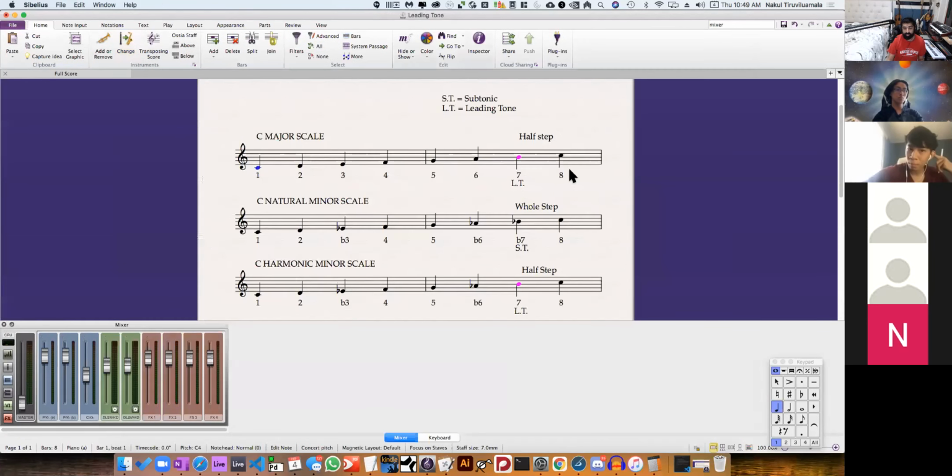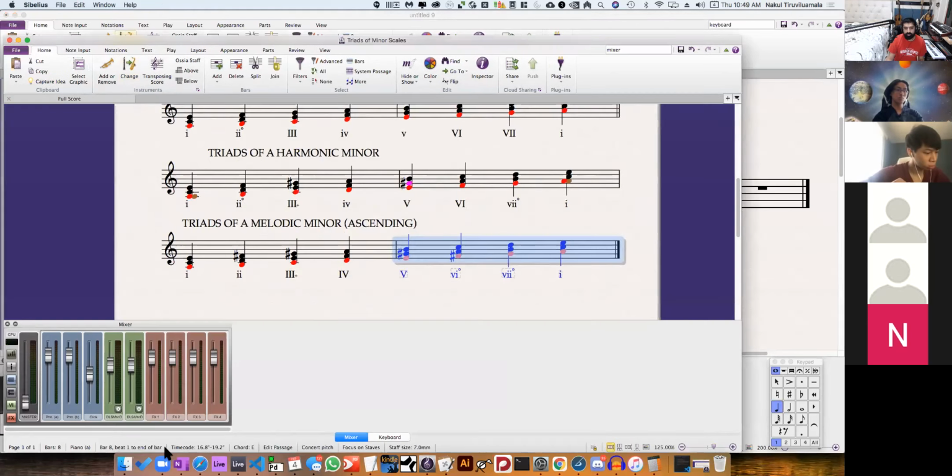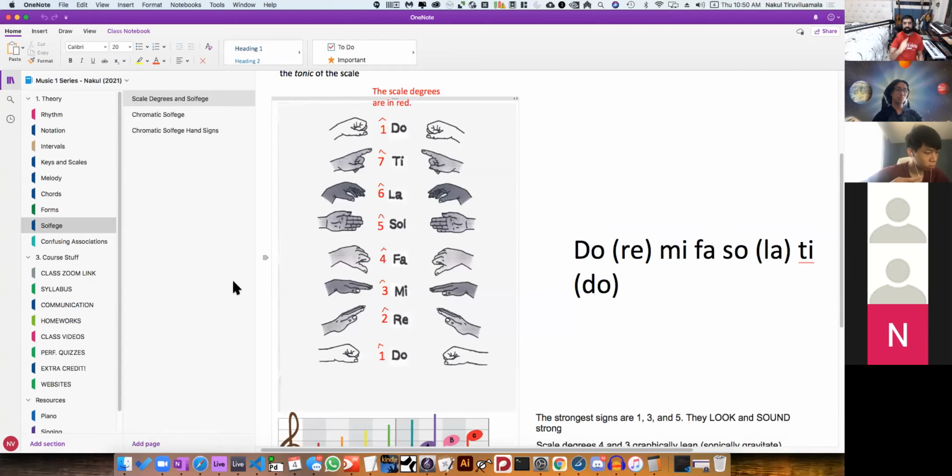We spent a lot of time talking about leading tones, right? Now ti is the leading tone. And so ti has a very, very strong function. It really, really wants to go to do. Ti, do, ti, do. Do, re, mi, fa, mi, re, do, right? Ti, do, ti, do.